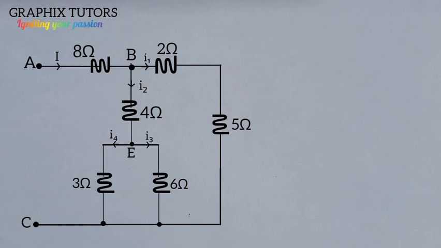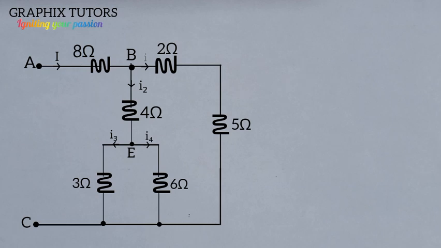Now, when I2 moves further and gets to this point, let's call it point E, it further splits. Let's say I3 will go in this direction and I4 will go in the opposite direction. Now, this is what we'll be having. This will guide you on how you know which resistors are in series and which are in parallel. Now, let's start from the back.